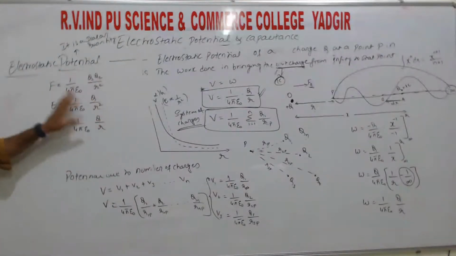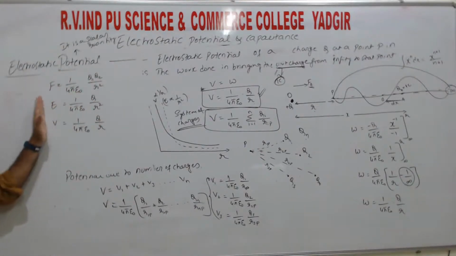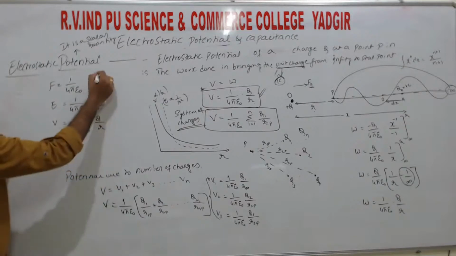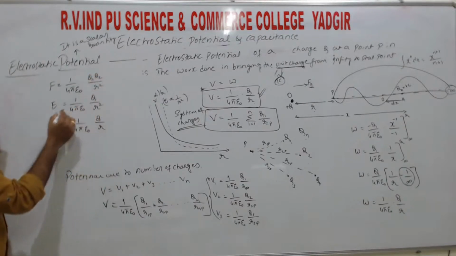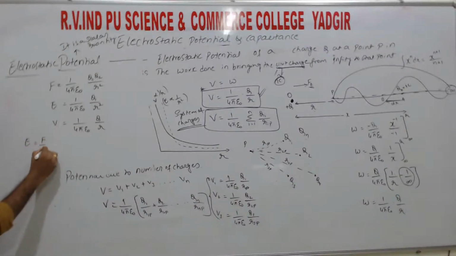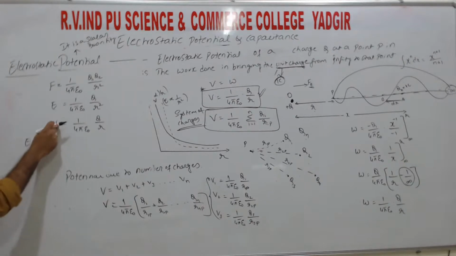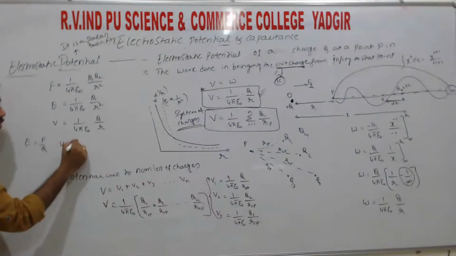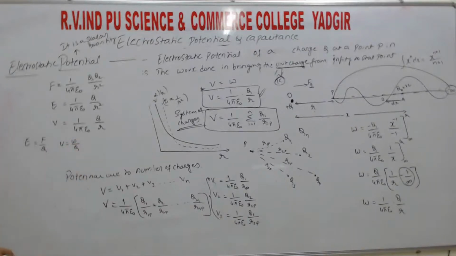So all formulas look the same, right? Here there is a force between two charges. So electric field is equal to force by charge, right? Electric field is equal to force divided by charge. Next, potential V is equal to work done per charge, right?